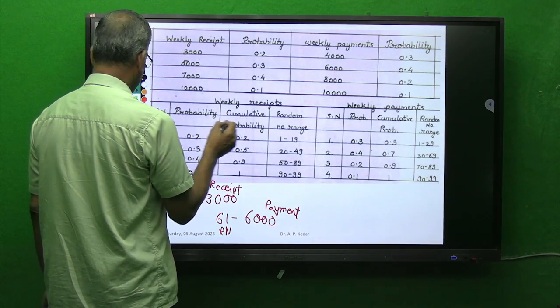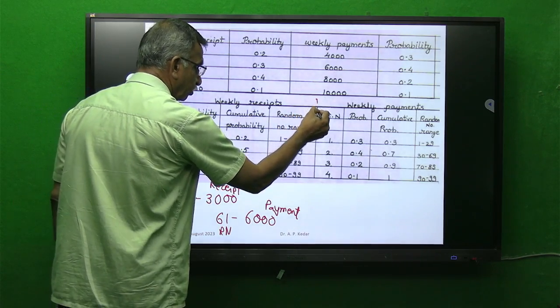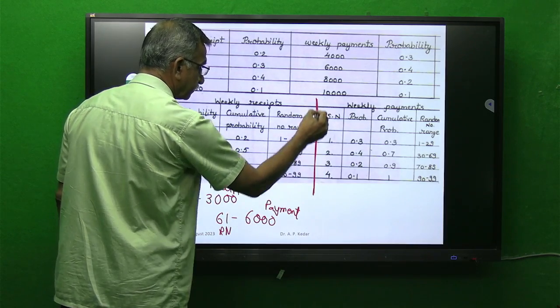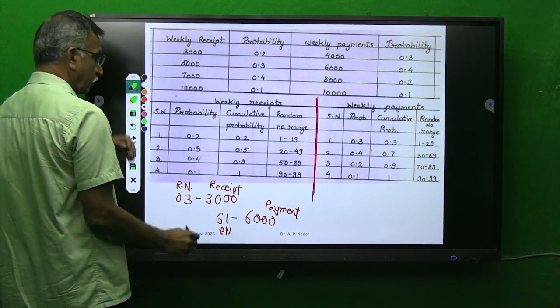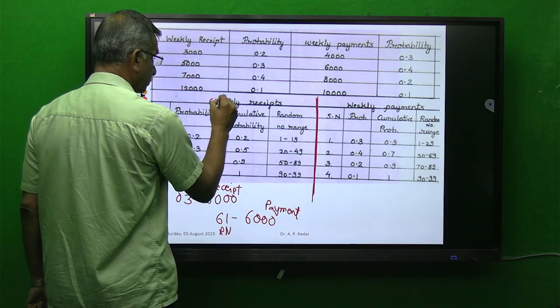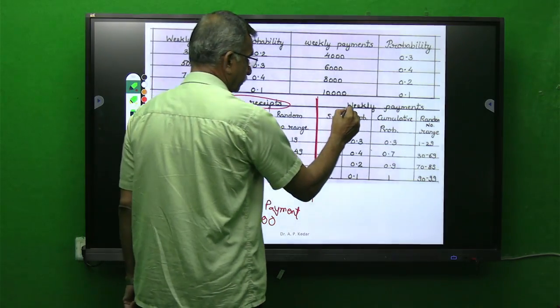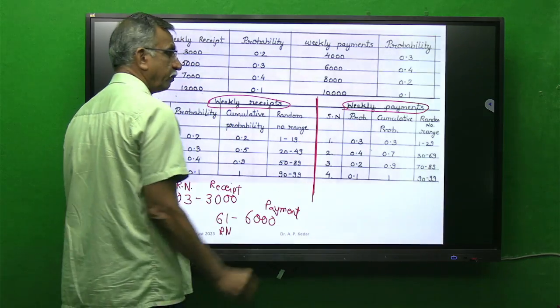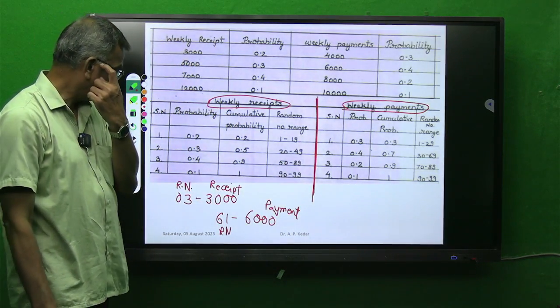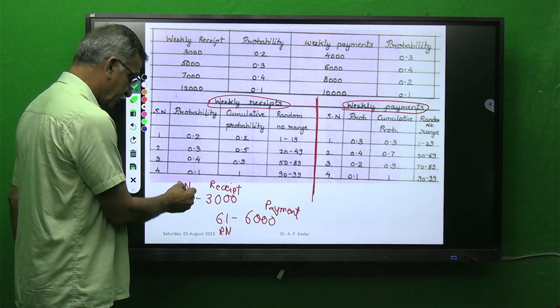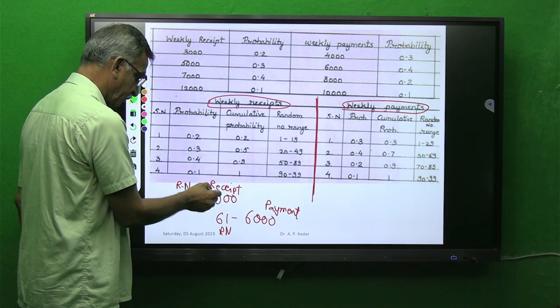let's divide this into two parts to avoid confusion. So the left part talks of receipt, the right part portrays payment. Now we are focusing our attention on the value of receipt.